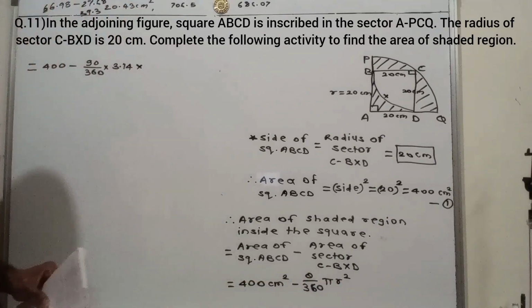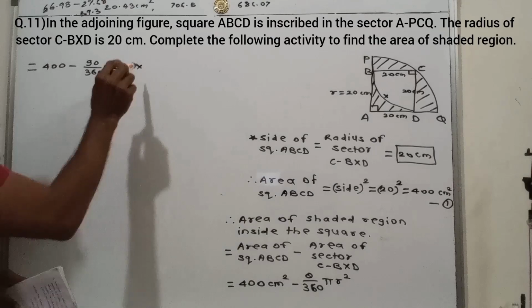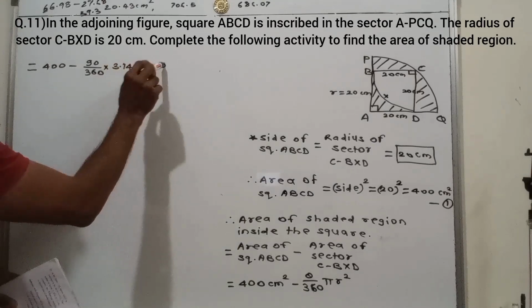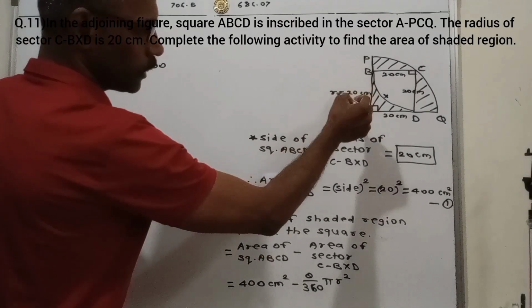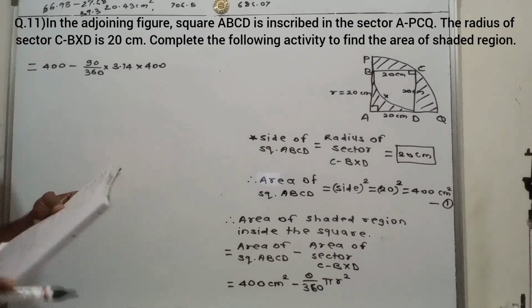Here r square is directly given, which is 400, because radius 20 square.